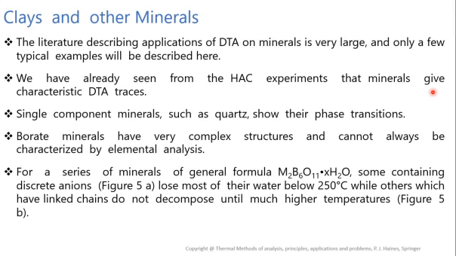For a series of minerals of general formula M2B6O11·xH2O, some containing discrete anions, shown in figure 5a, lost most of their water below 250 degrees Celsius, while others, which have linked chains, do not decompose until a much higher temperature, shown in figure 5b.